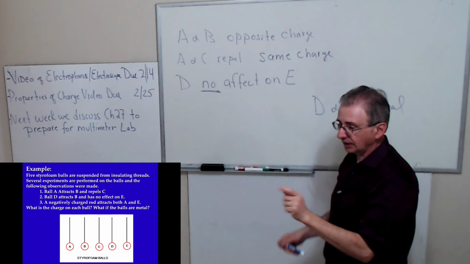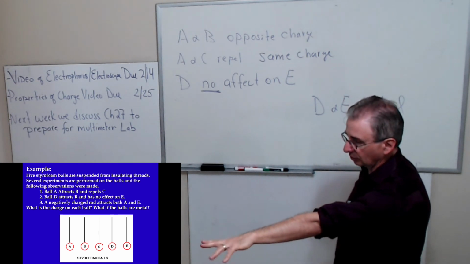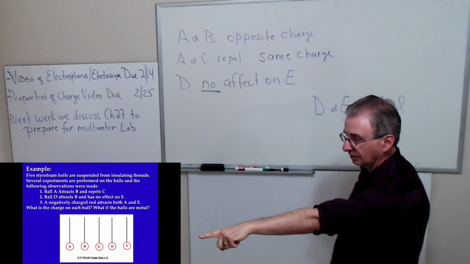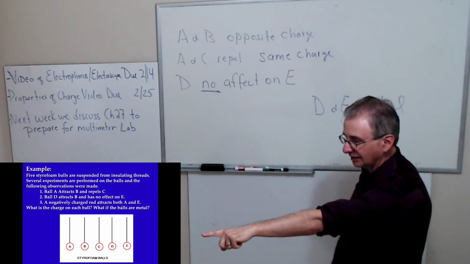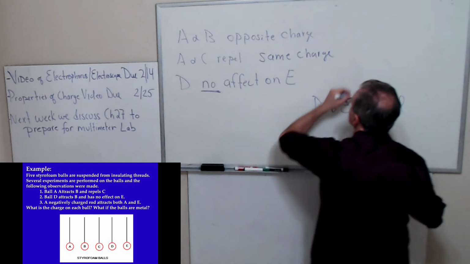Now, a negatively charged rod attracts both A and E. So number 3 tells you that A has to have the opposite charge of the negatively charged rod. So basically they're positive.